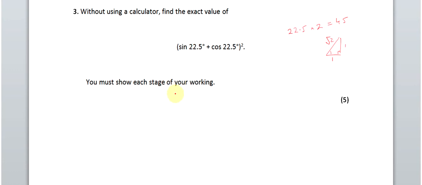So again, you're seeing the distilled solution here. I'm going to start by actually expanding this square here. So I've got sine of 22.5 plus cos of 22.5, and of course that looks like this.